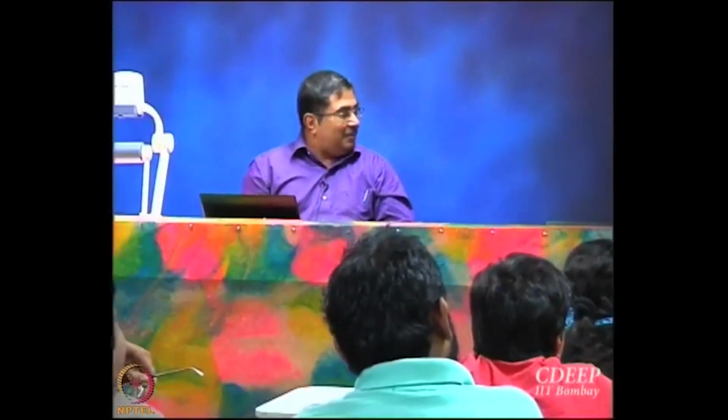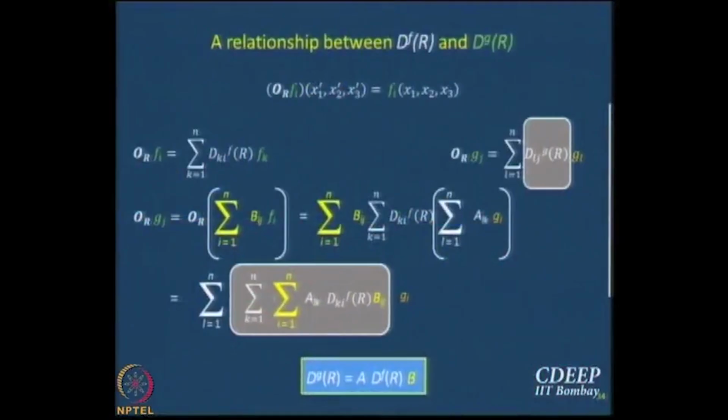So I can write this. Okay, in any case, you don't need those anymore. This is not too bright, I hope. So DG of R is equal to A DF of R B. So we have already got a relationship between the transformation matrices corresponding to the same symmetry operation R, but for two different bases, one the F functions, the other the G functions.